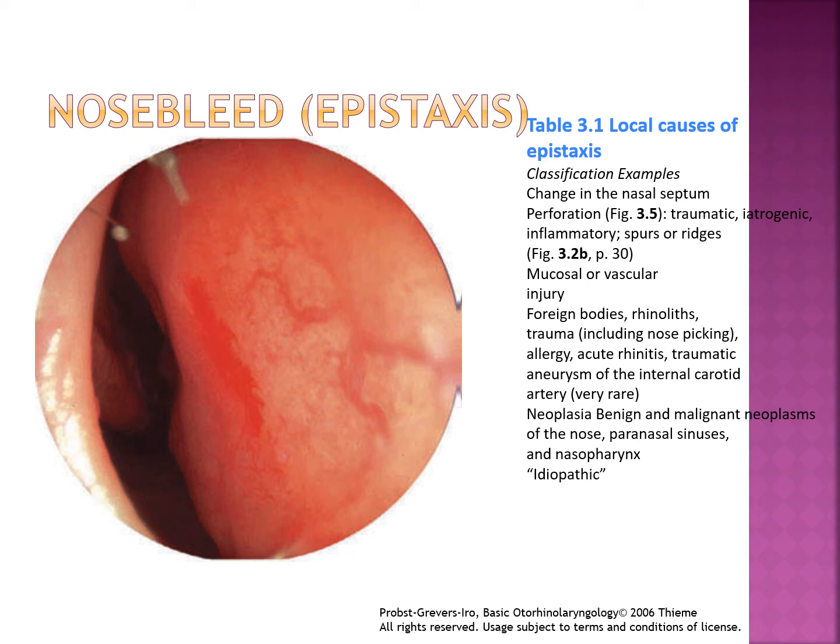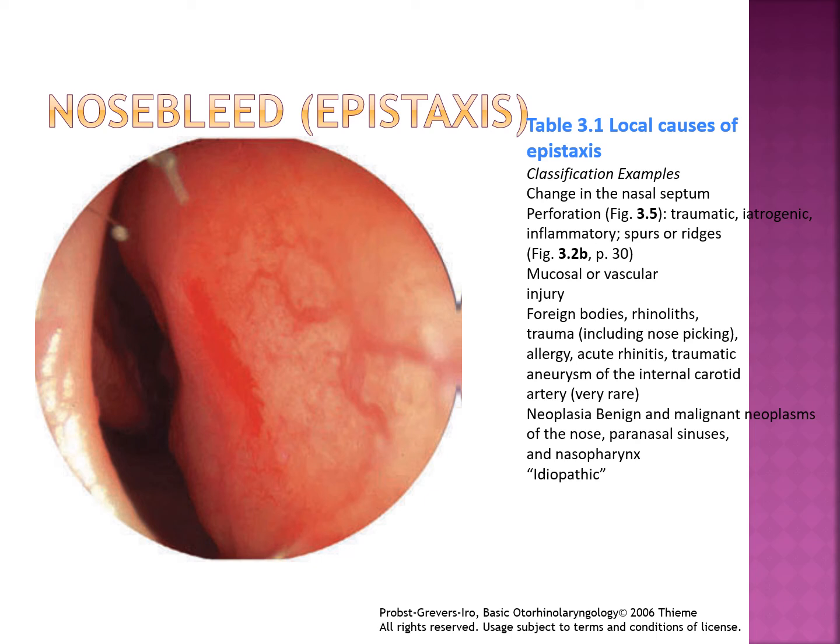It could either be traumatic or iatrogenic, inflammatory, spurs or ridges, mucosal or vascular injury, foreign bodies, rhinoliths, trauma, including nose picking, which usually occurs in children.